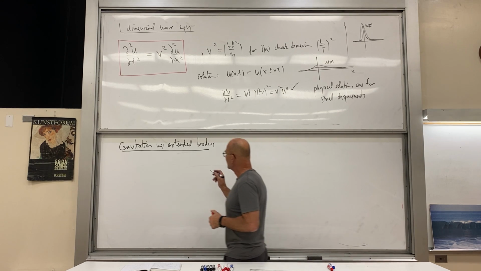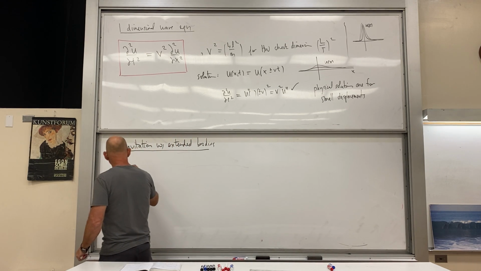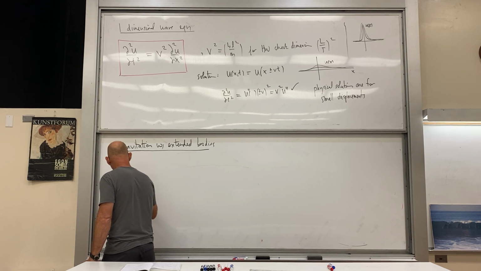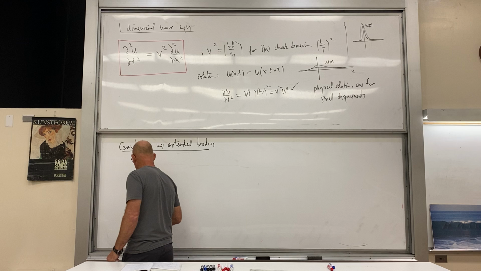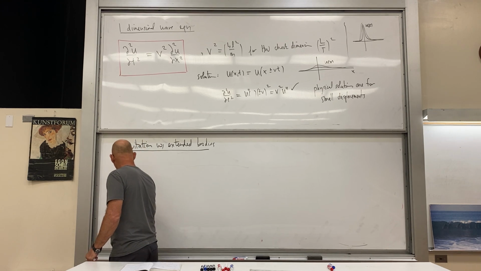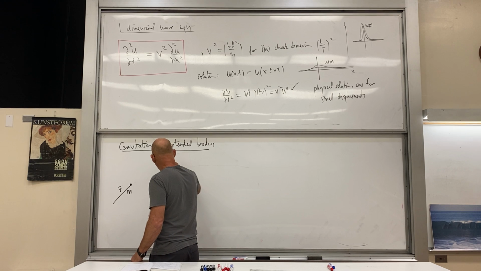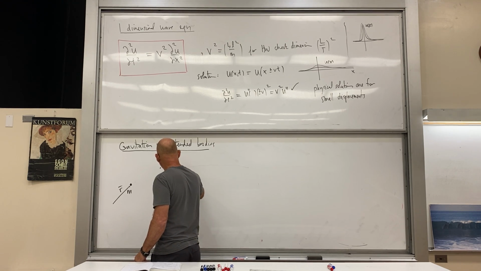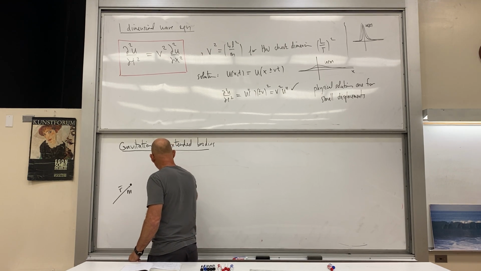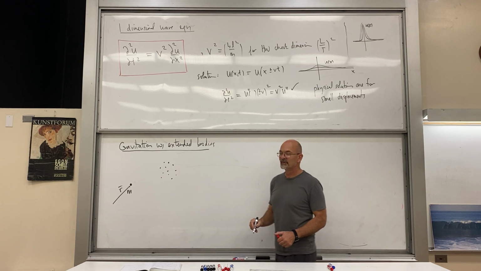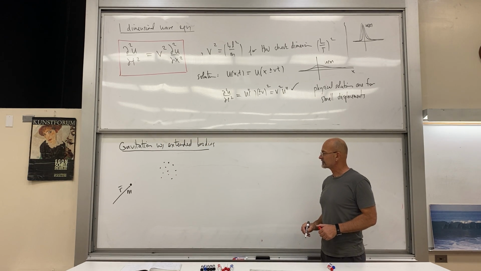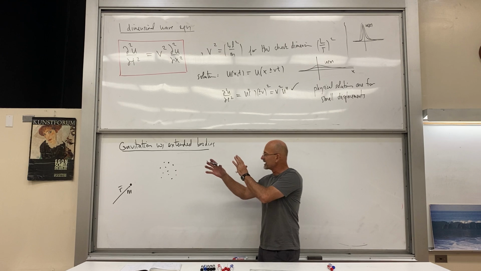Here's the way we're going to look at it. Suppose we have a point mass M, and that'll be at location R. And our extended body is a collection of point masses. Maybe they're somehow rigidly connected.